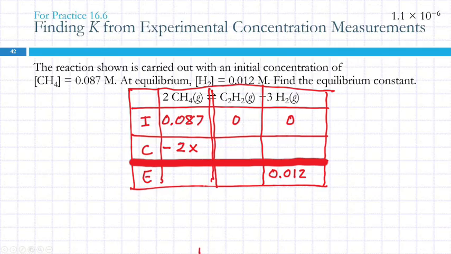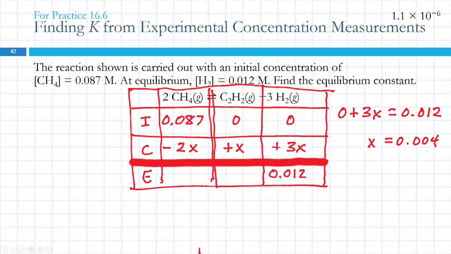What would I write for the C2H2? Plus X. And for the H2, plus, so here I'm adding X. X is 0.004. So 0 plus 0.004 is 0.004.